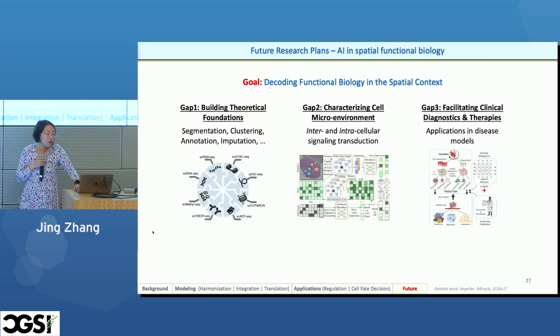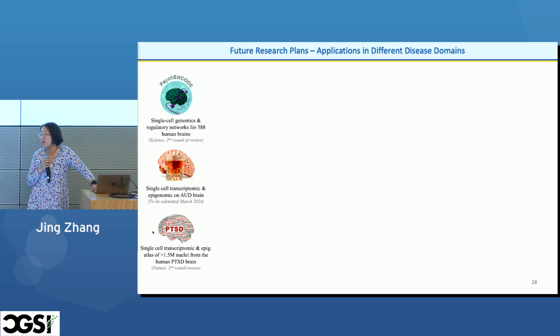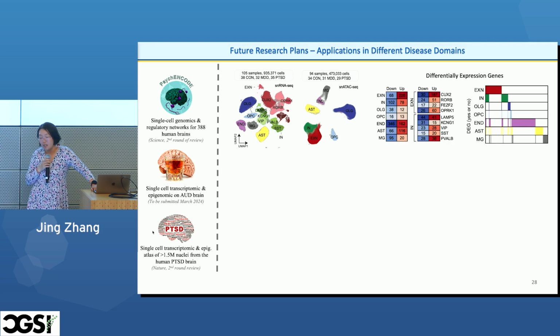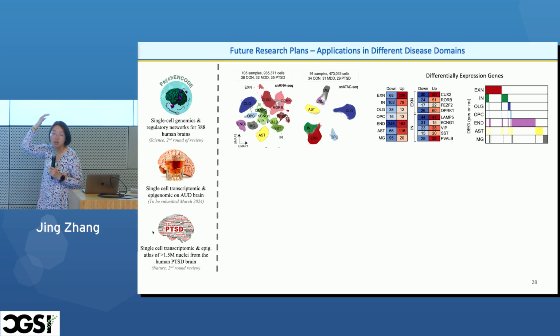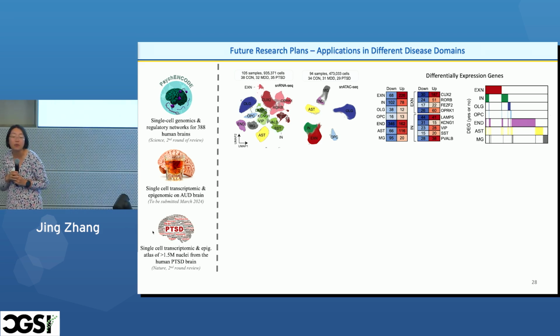And now we are also into many disease studies. For instance, we are into psychiatric disorders and alcohol usage disorders and PTSD and stress responses in the human brain. We have collaborated with experimental labs to sequence over 100 brain samples, both RNA and ATAC, and we defined detailed subtypes of brain regions in the prefrontal cortex in the first stage, then extended in 10 different brain regions.